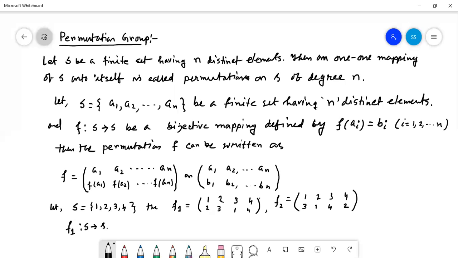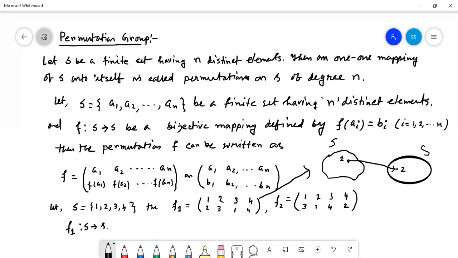The picture of this: there is S and this is also S. Here 1 maps into 2, 2 maps into 3, 3 maps into 1, and 4 maps into 4.